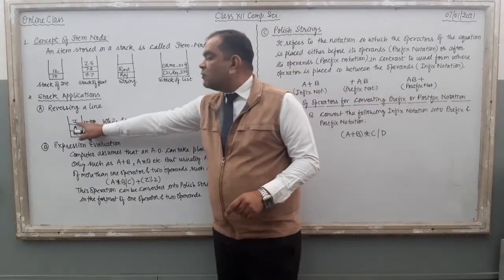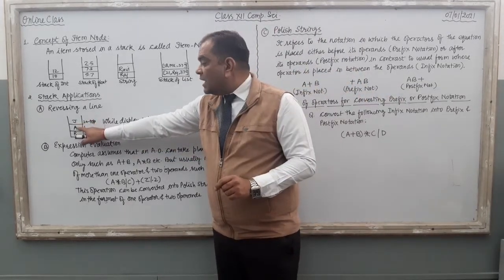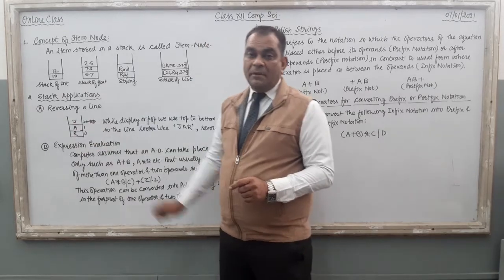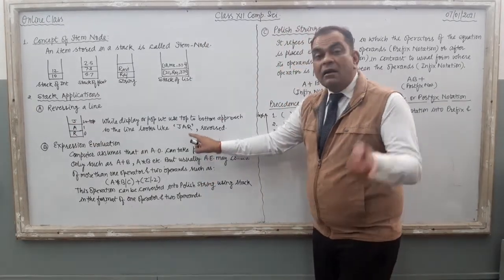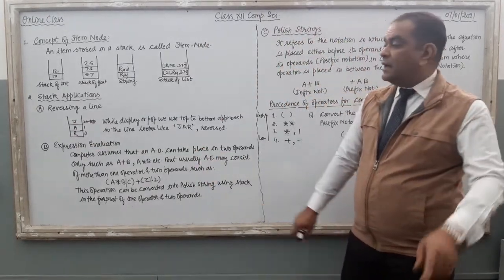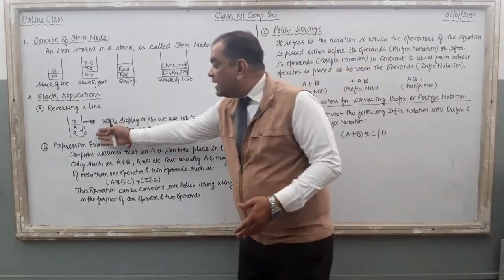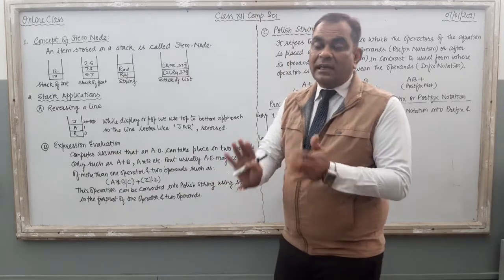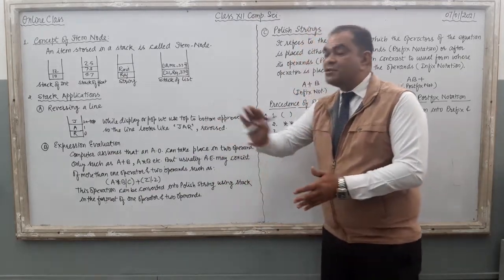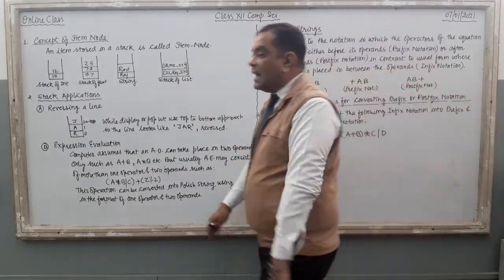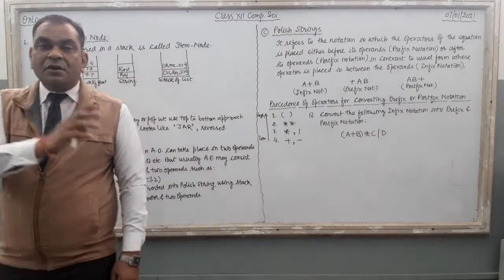The topmost element will be on the monitor first, then the second top element, then the last element. So JAR will be displayed on the monitor if you show the stack. Automatically, the sequence is reversed in this stack implementation technique. So reversing a line is the very first application of a stack.